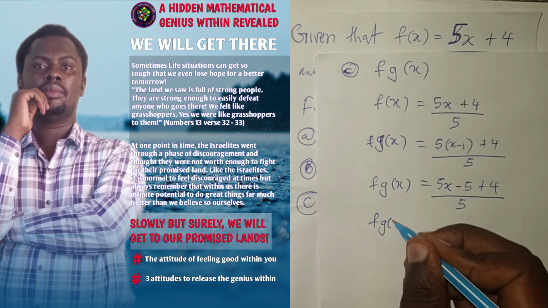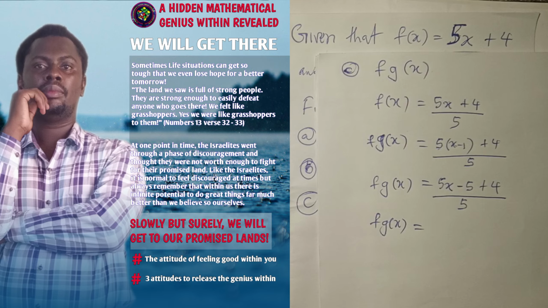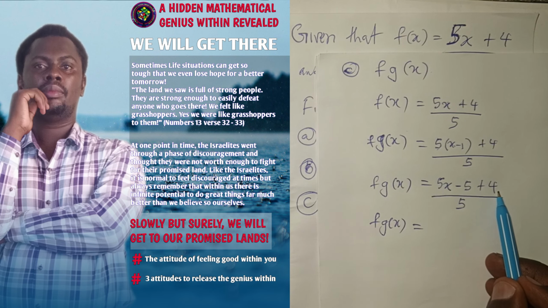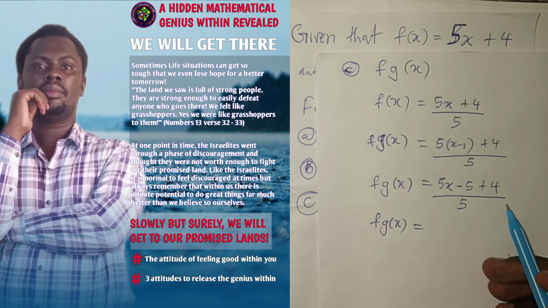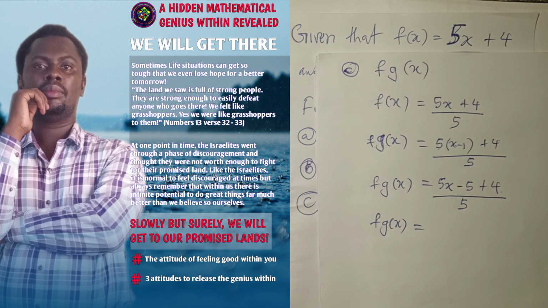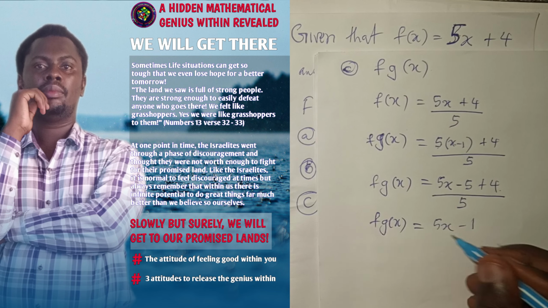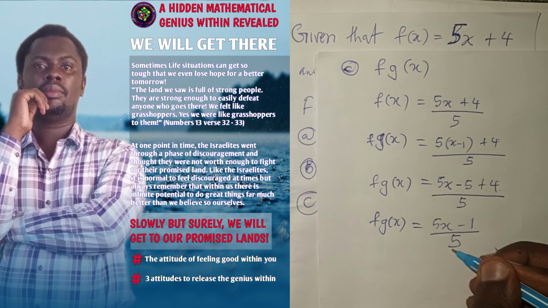Here we have minus 5 plus 4. We have different signs, and when you have different signs, you subtract and take the sign of the bigger number. So minus 5 plus 4 is minus 1. So we have (5x minus 1) over 5.